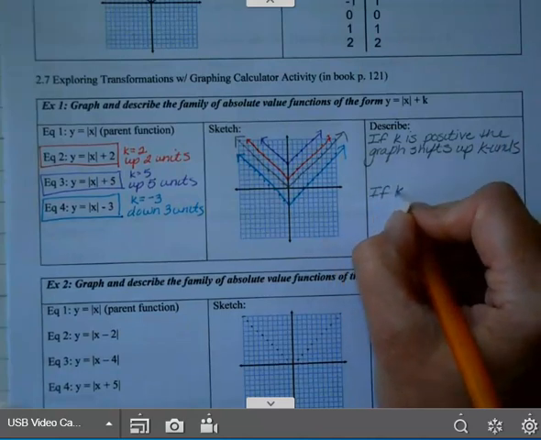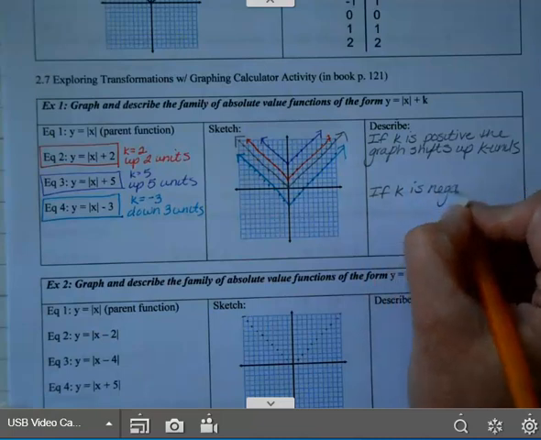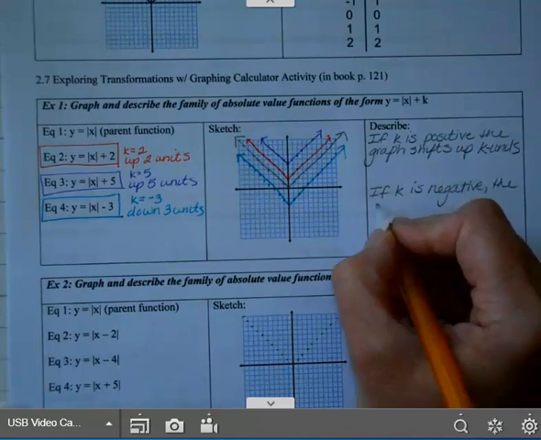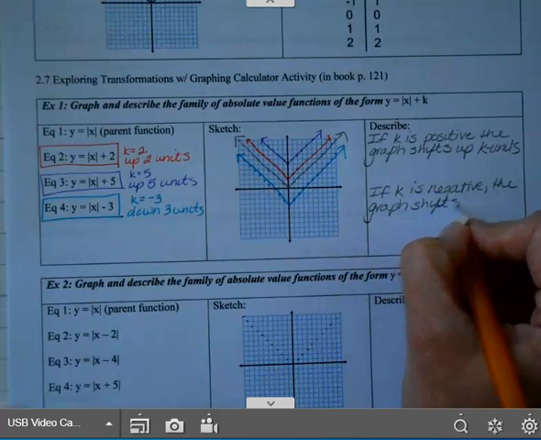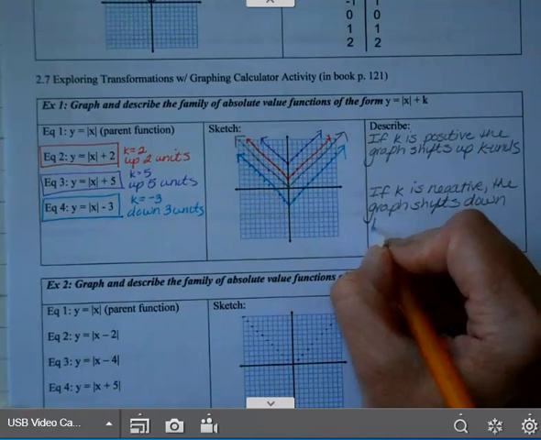And if K is negative, the graph shifts down K units.